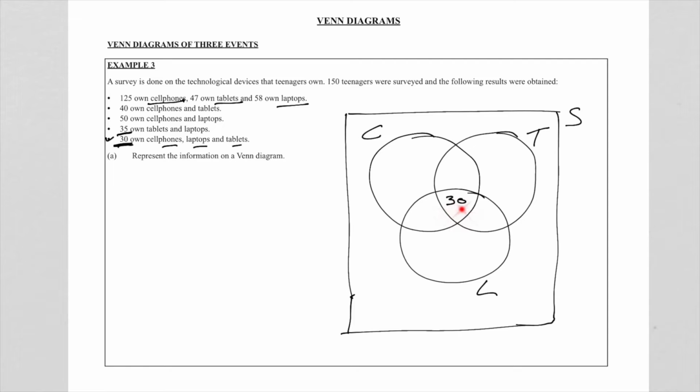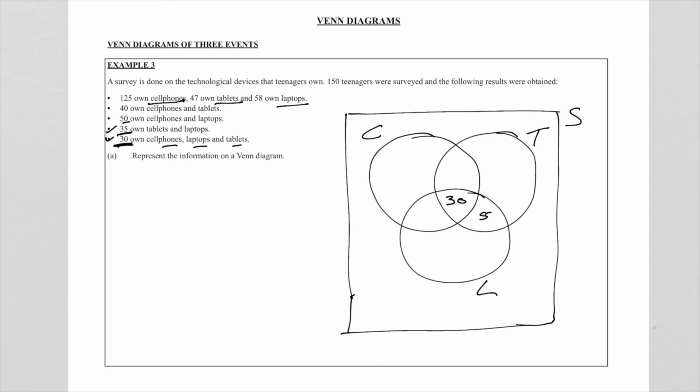But as you can see, we've got 30 already. So please don't make the mistake to put the 35 here because the whole thing must be 35. So that will then be 5, which will give us then the total of the 35.